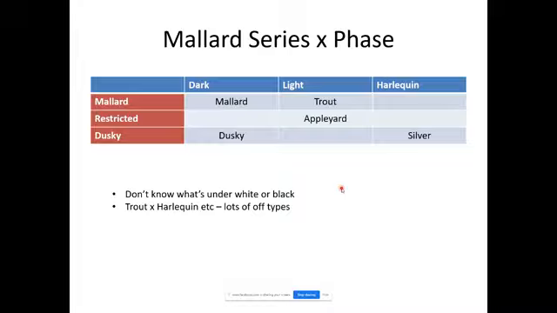The other element that I think we're seeing in Australia is that when people are crossing breeds, thinking about improving, say, harlequin runners and crossing to trouts, we see some of these off-type color patterns coming out.